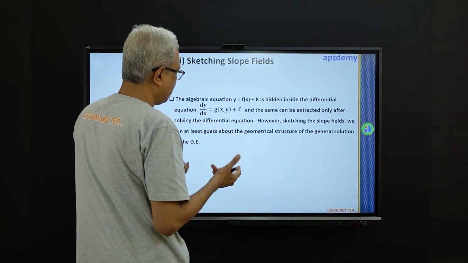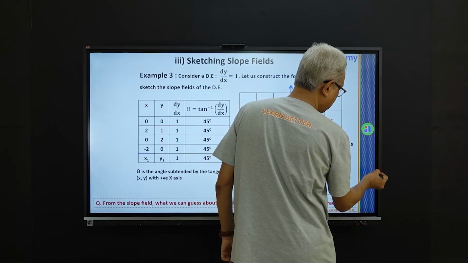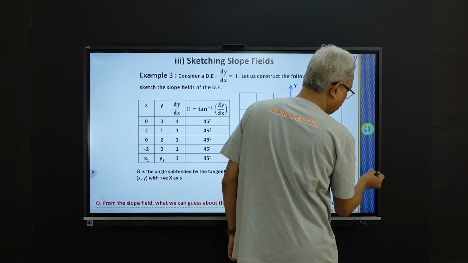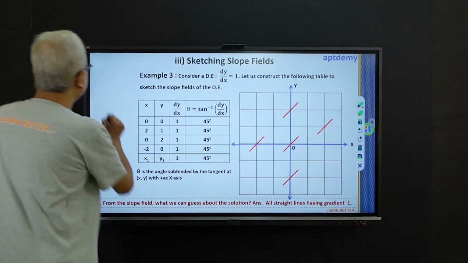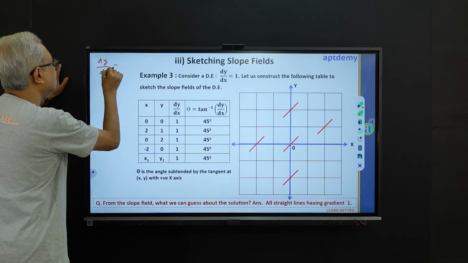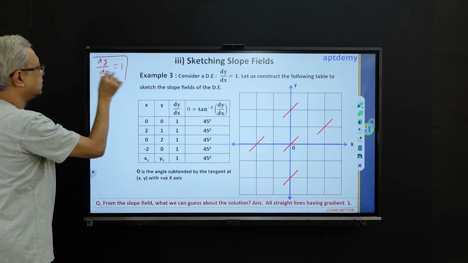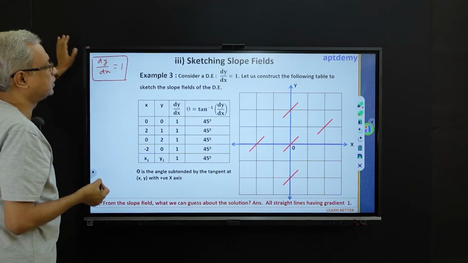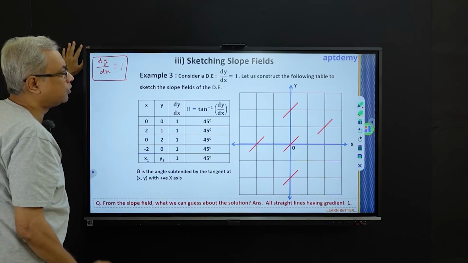Some constant also may come into the picture, but in our case, let us begin with a very simple example where dy/dx is constant and the value of the constant is unity. So dy/dx equals 1 is the given differential equation. This is definitely a first order linear ordinary differential equation. There is no other variable involved.